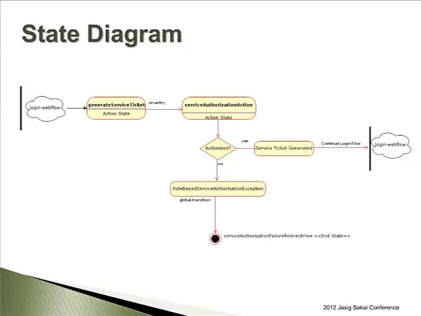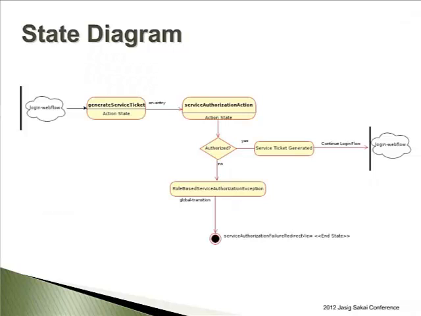If they're not authorized, then the login flow is terminated and the users can be redirected to an unauthorized page. Otherwise, a service ticket is generated and they continue via the normal CAS login protocol. So pretty simple here. We really just wanted to bake in this ability to do this authorization decision point right in the CAS service ticket flow.